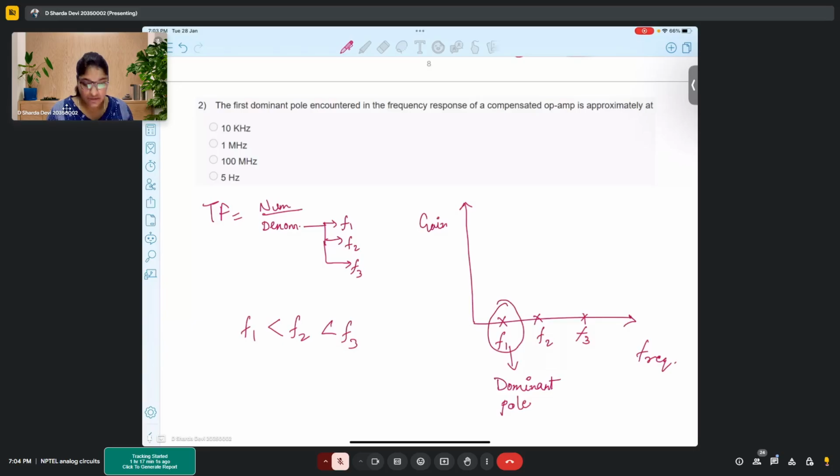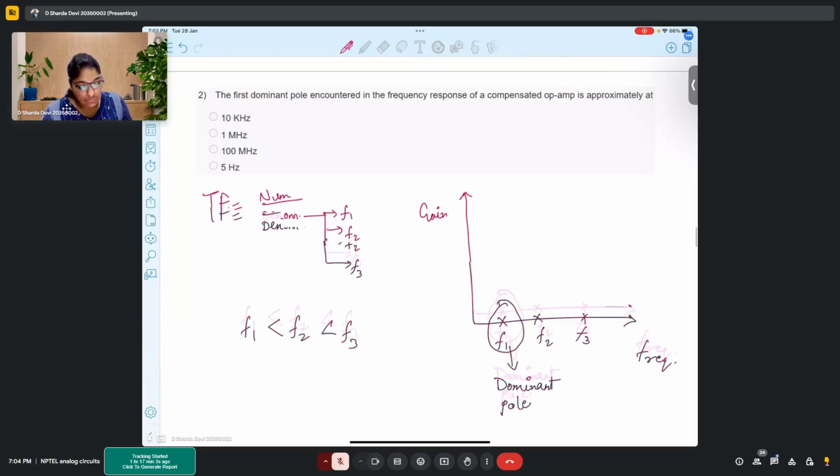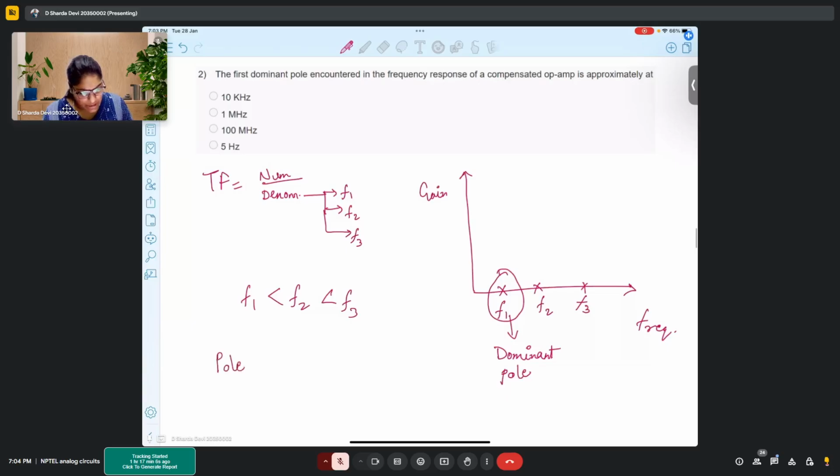Now, how do we calculate a pole? As I told you, the circuit is made up of R's and C's. So the value of a pole we define as 1 upon RC, because it is a frequency. You can write it as 1 upon 2 pi RC or 1 upon RC, depending on the unit you are using, whether it is frequency or radians.